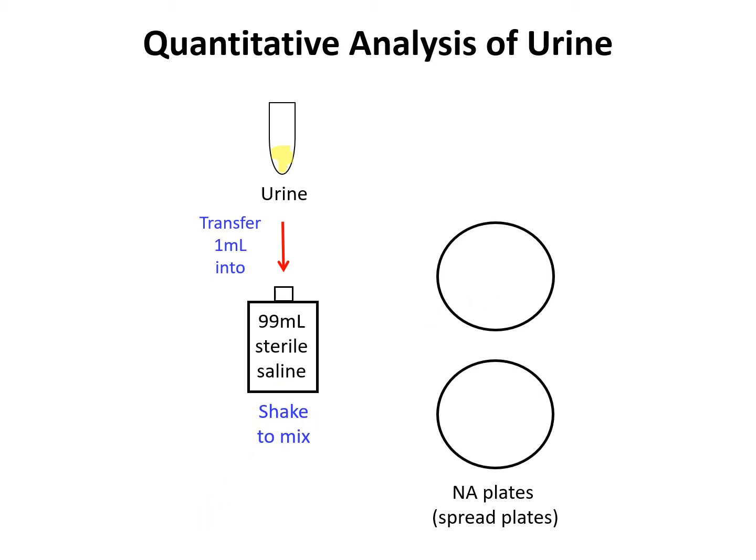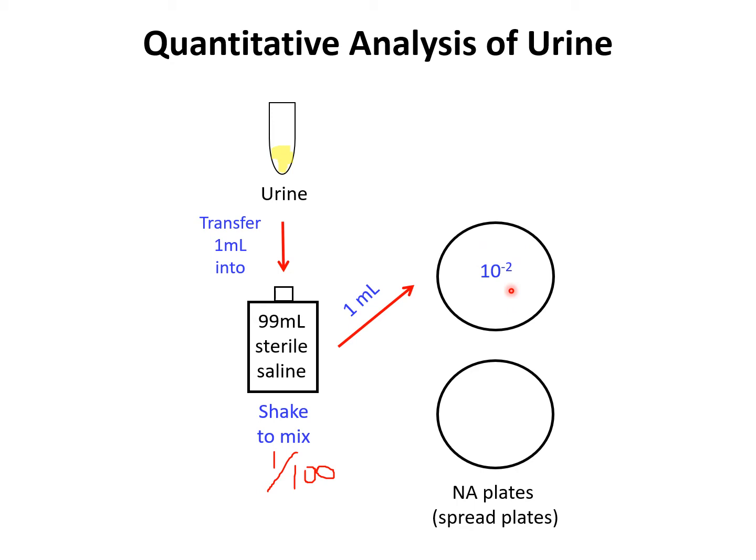But let's think about what that means. 1 in 99 means that I did a 1 to 100 dilution. Now, if I plate 1 mL of that dilution that I just did, what does that mean? It means this plate is a 10 to the -2 dilution, or you can think of it as 10 to the 2.